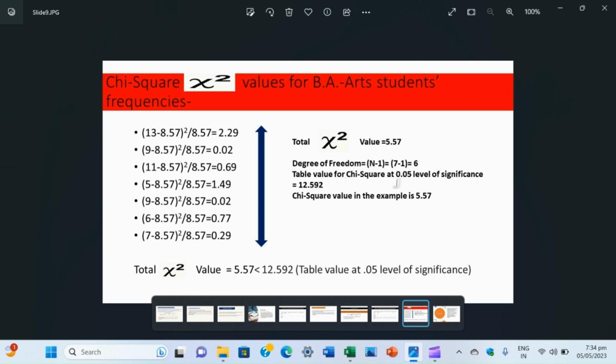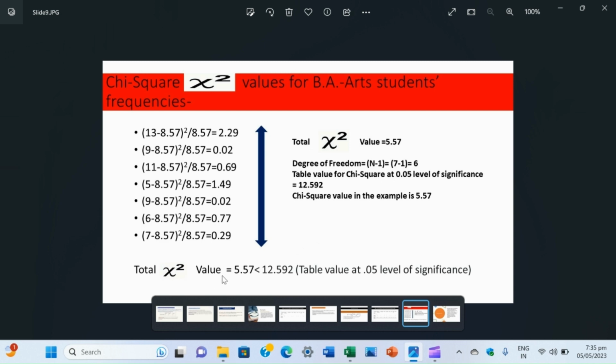The table value of the chi-square at the 0.05 level of significance is 12.592, which we get from the table, and we can also see this online. We compare the obtained value, 5.57, with the table value at the 0.05 level, 12.592.